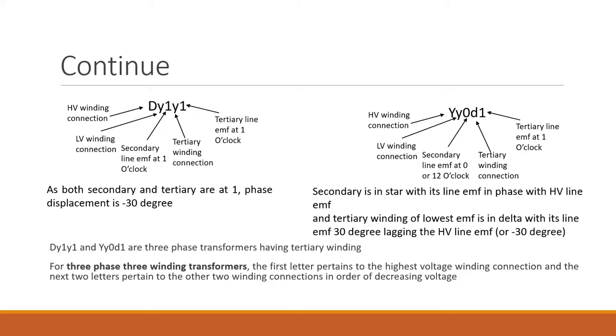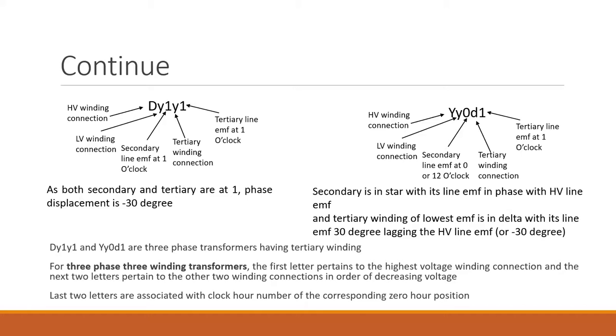The next two letters pertain to the other two winding connections in order of decreasing voltage. In order of decreasing voltage means the LV winding is lower than HV, and the winding with the lowest voltage is called the tertiary winding. In this way you can identify the windings in a transformer.